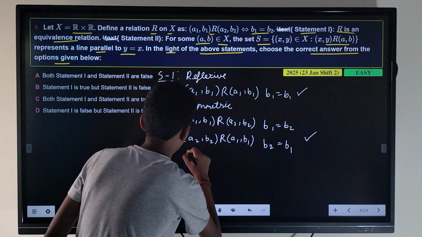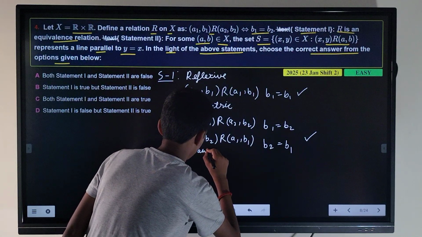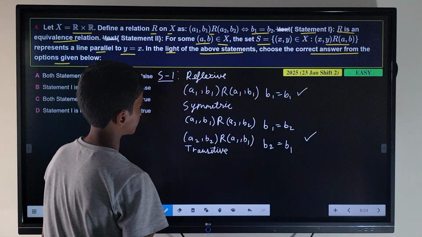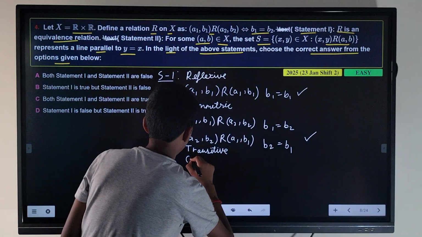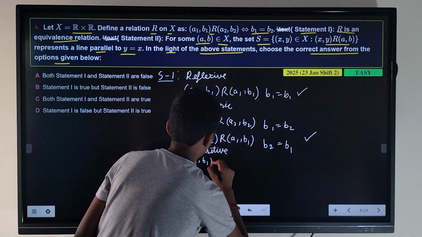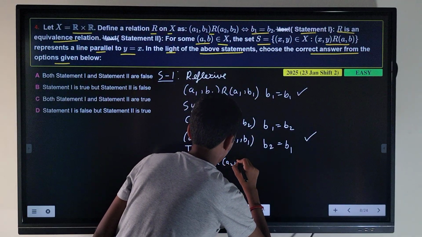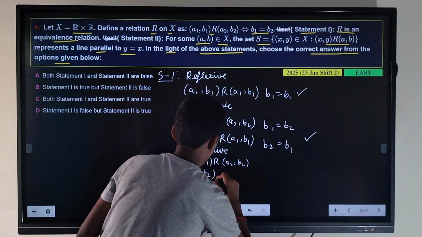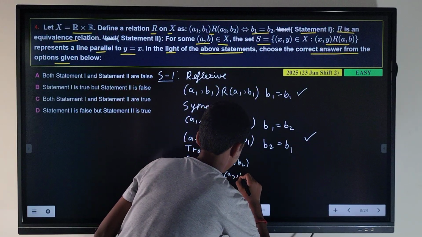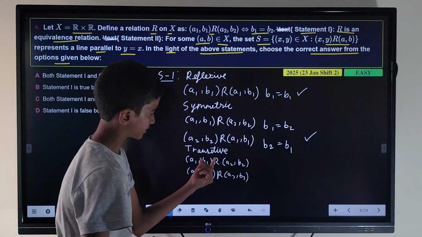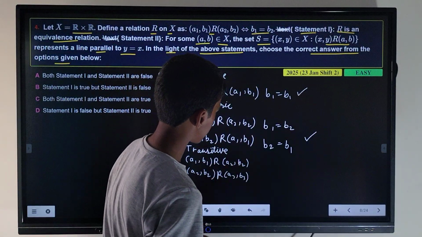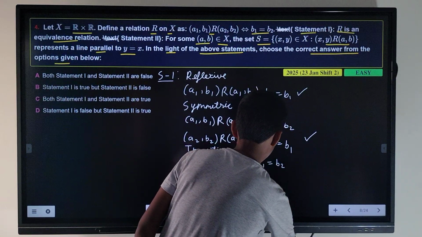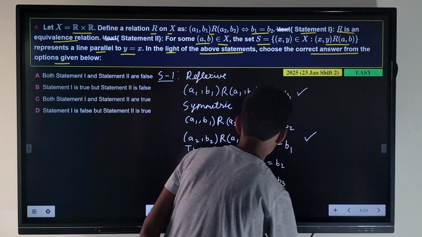Now the last check for transitive. Suppose we have (a1, b1) related to (a2, b2), and (a2, b2) related to (a3, b3). Suppose these two elements lie in the relation. These two elements lie in the relation if b1 is equal to b2 and b2 is equal to b3.